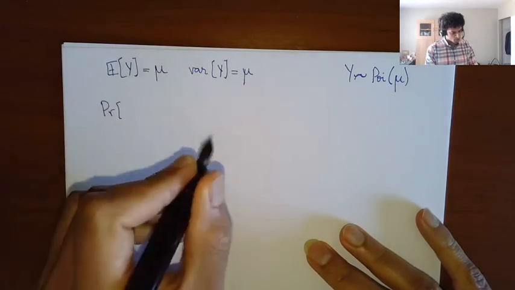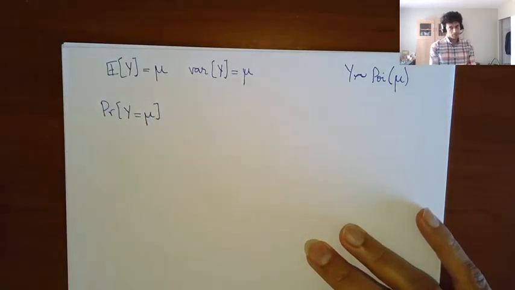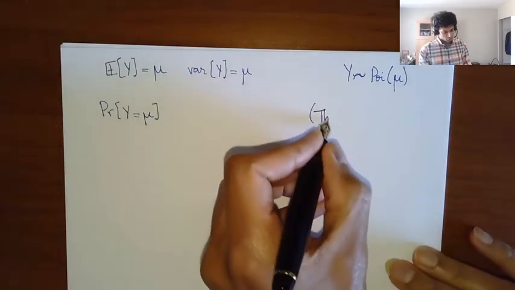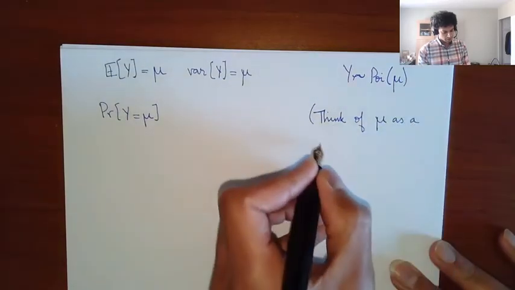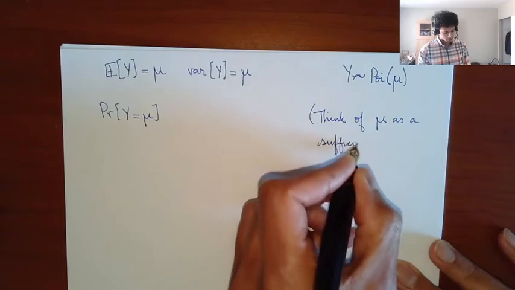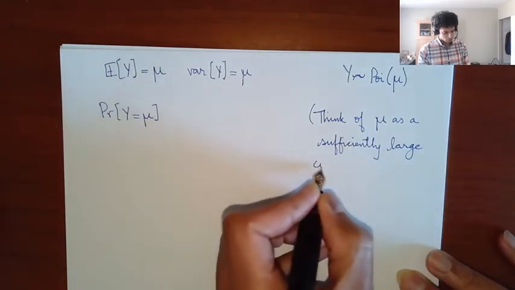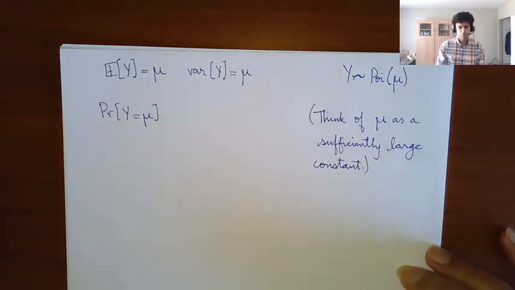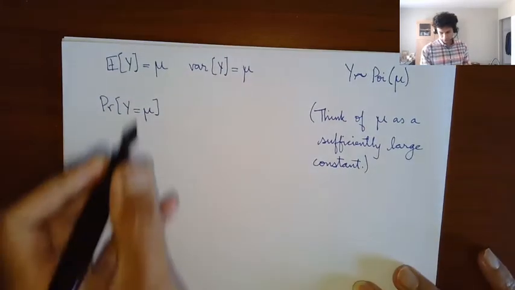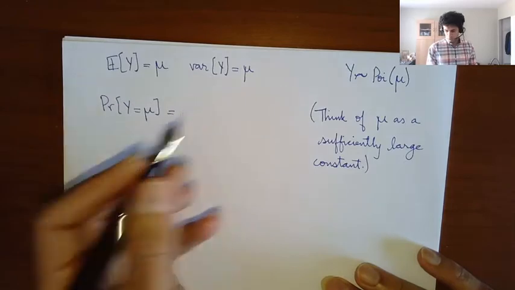So what is the probability? Let's start with just the probability that y is exactly its expectation. Let's think of mu as a sufficiently large constant, so that's going to be convenient. So if I plug in the formula, what is the probability that y is equal to mu?